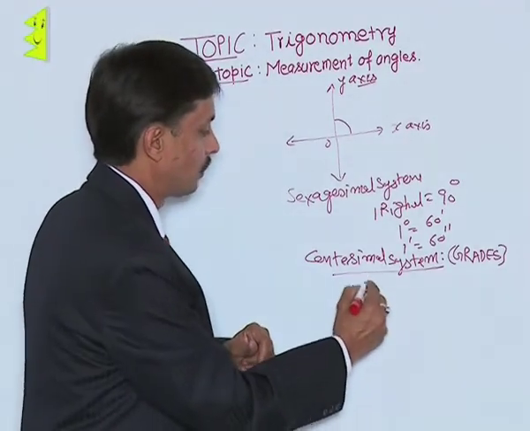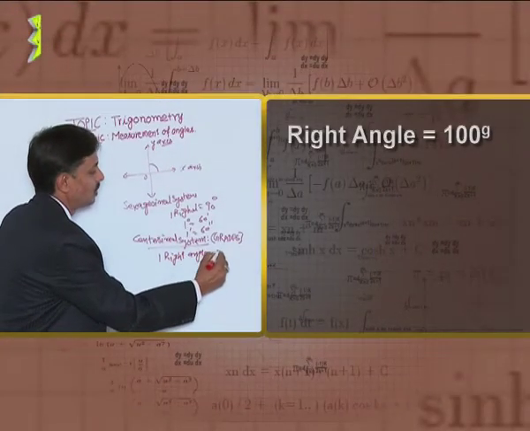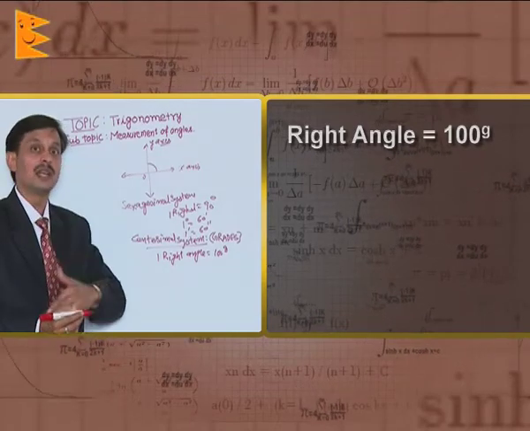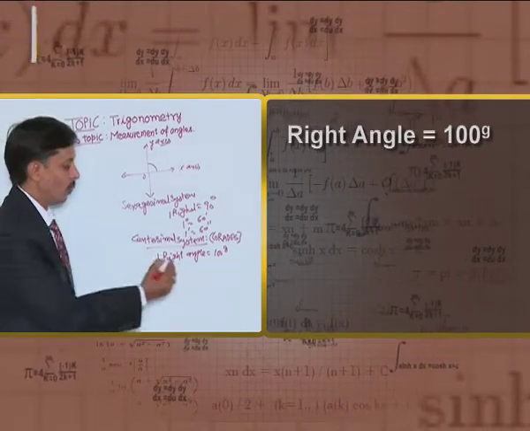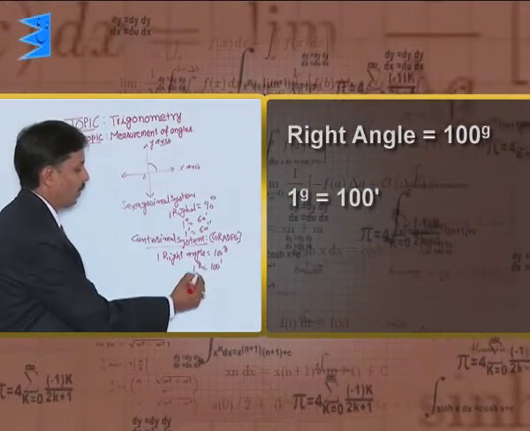So we can say one right angle is equal to 100 grades. And if 1 grade is again separated into 100 parts, we say 1 grade is 100 minutes and 1 minute is 100 seconds.